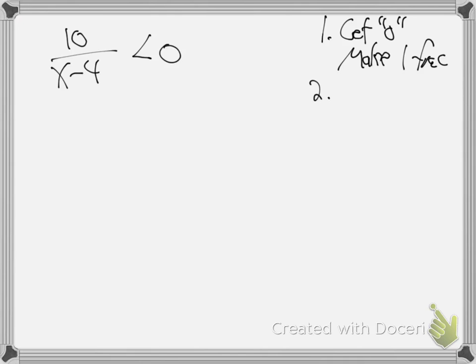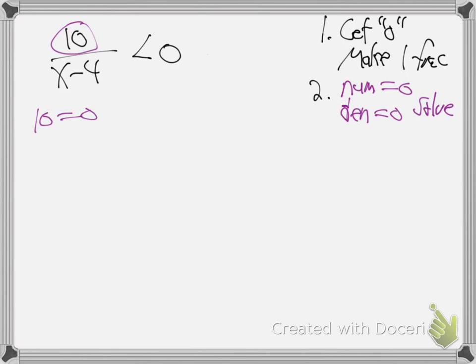Now for step number 2, what do we do? Numerator equals 0, denominator equals 0, and solve. So if you take the numerator, 10, bring it down here, the numerator equal to 0, there's nothing coming from that. There's no x there. If you take the denominator, we can solve, move it over, x is 4.